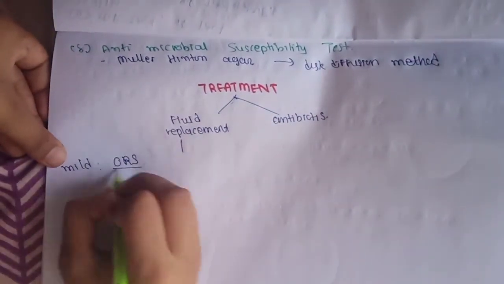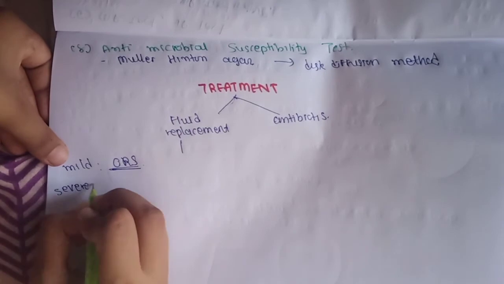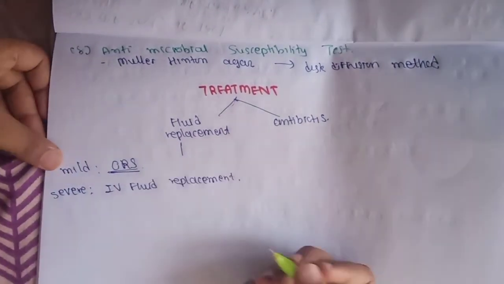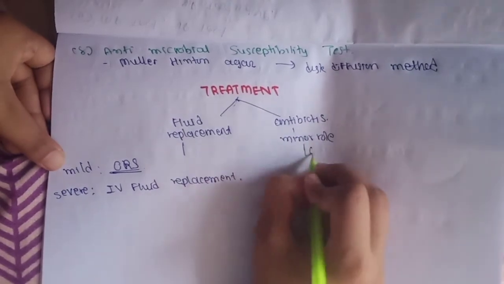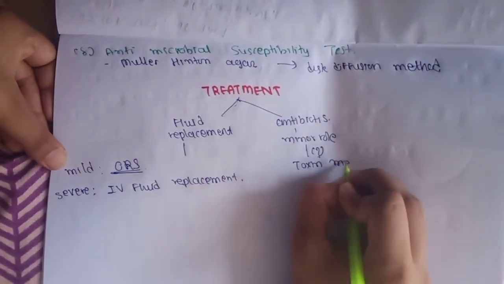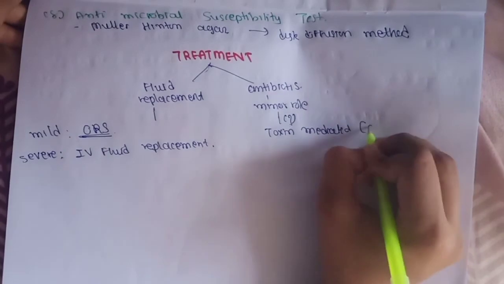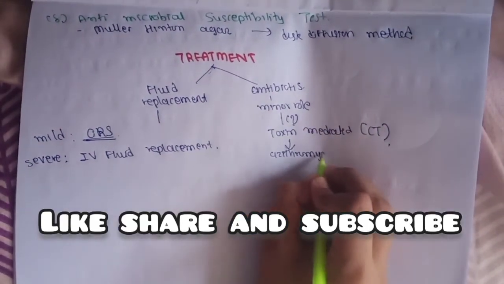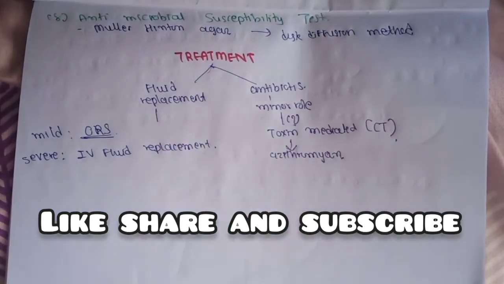If patient is in mild stage, then the oral rehydration is given, ORS is given, and if severe case, then the IV fluid replacement. Antibiotics play minor role. Why? Because cholera is toxin mediated, so cholera toxin. But if we have to give antibiotic, we can give azithromycin.